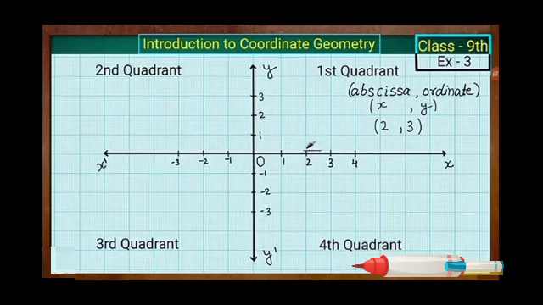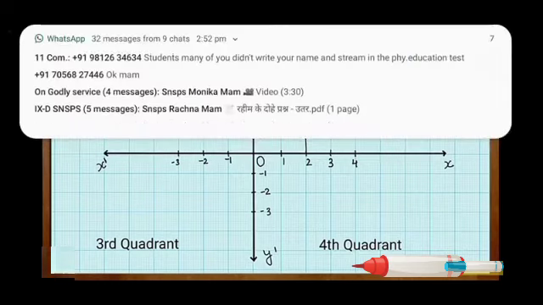So 0 to 2 and 0 to 3. Now circle these 2 points and join them by these two perpendicular lines. Yes, these 2 points meet at 2 and 3, x is 2 and y is 3.